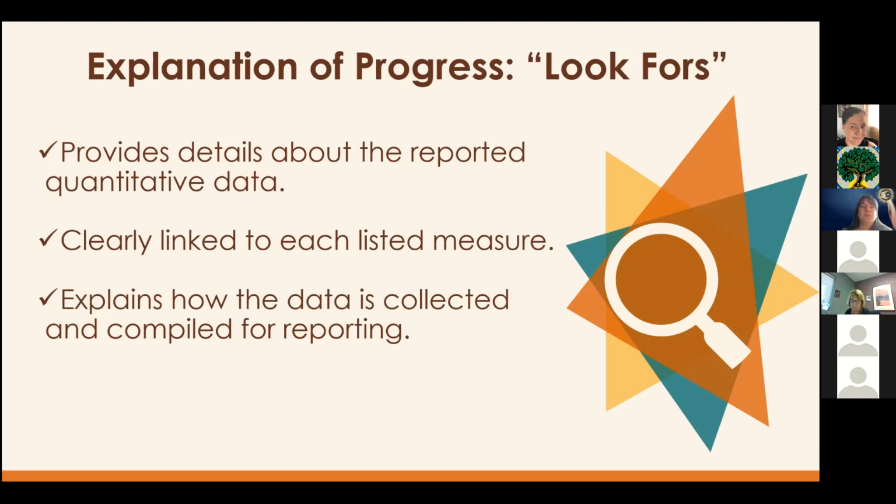It really helps the reader if that narrative piece is clearly linked to each measure. If your project status chart has more than one measure in it, help your reader by labeling those so that we don't have to guess what pieces of the narrative correspond to which lines or which rows in that chart.